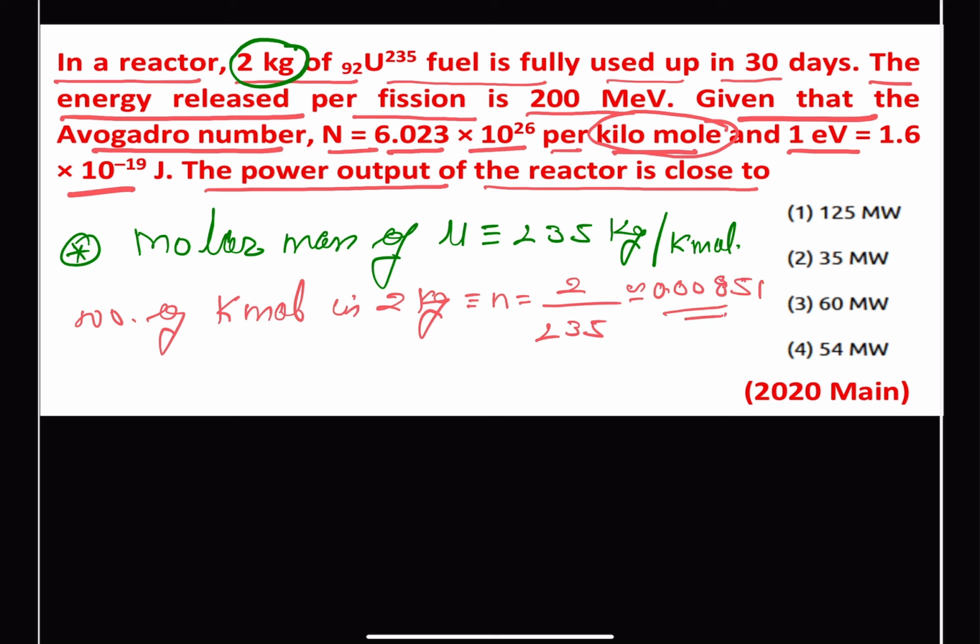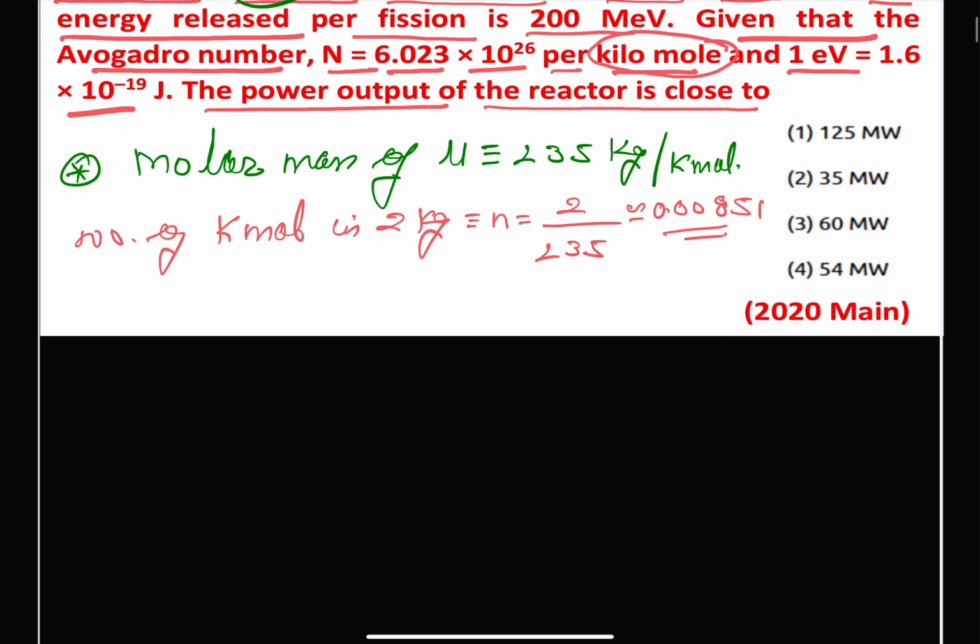From here we can easily find out the number of atoms in this 2 kg. Because Avogadro number is given to us, the number of atoms will be equal to small n multiplied by capital N. Small n is 0.00851, and capital N is given as 6.023 into 10 to the power 26.